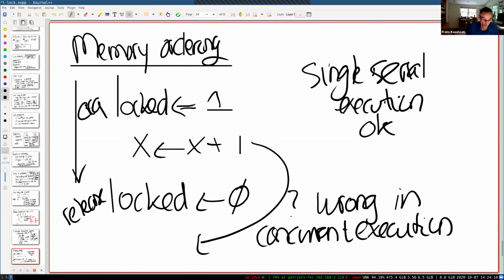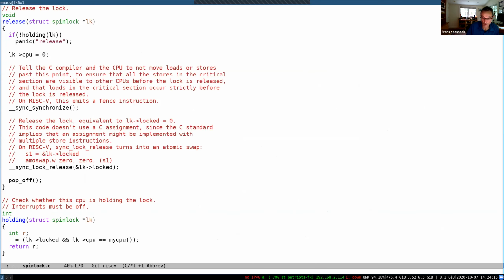And so, to tell the compiler and the hardware not to do this, there's something called a memory fence, or something like synchronize. There's an instruction that basically says any loads and stores before this point are not allowed to move beyond this point. And so release has this, and acquire has this.